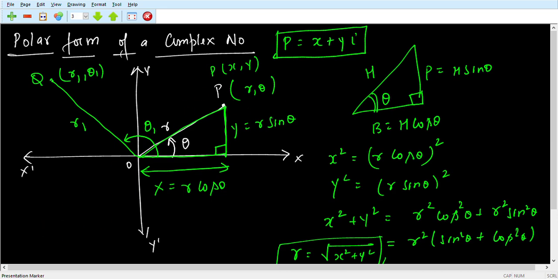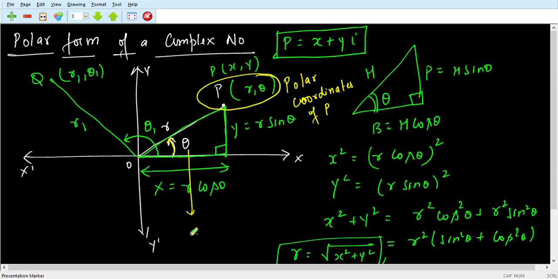You should keep in your mind that P (r, theta) is called the polar coordinates of P, and this theta is called the argument.